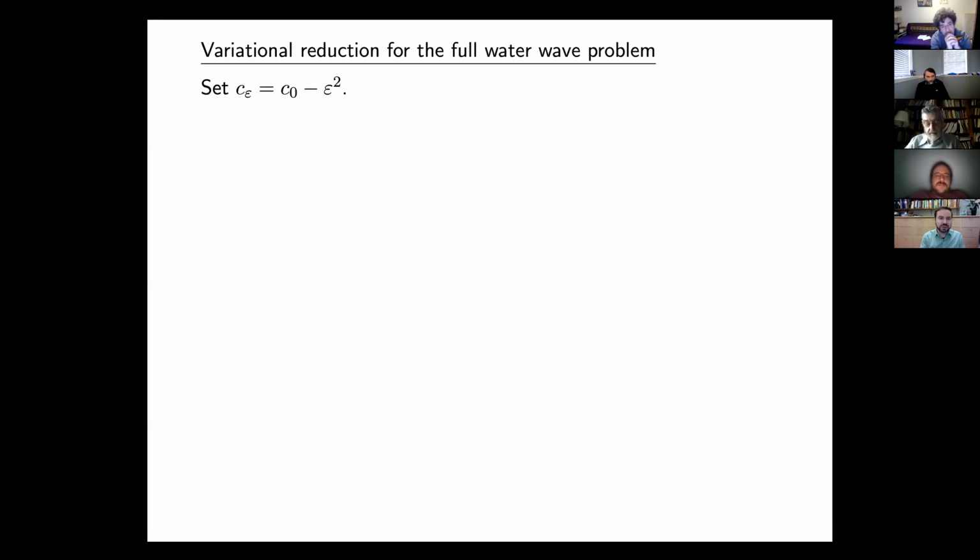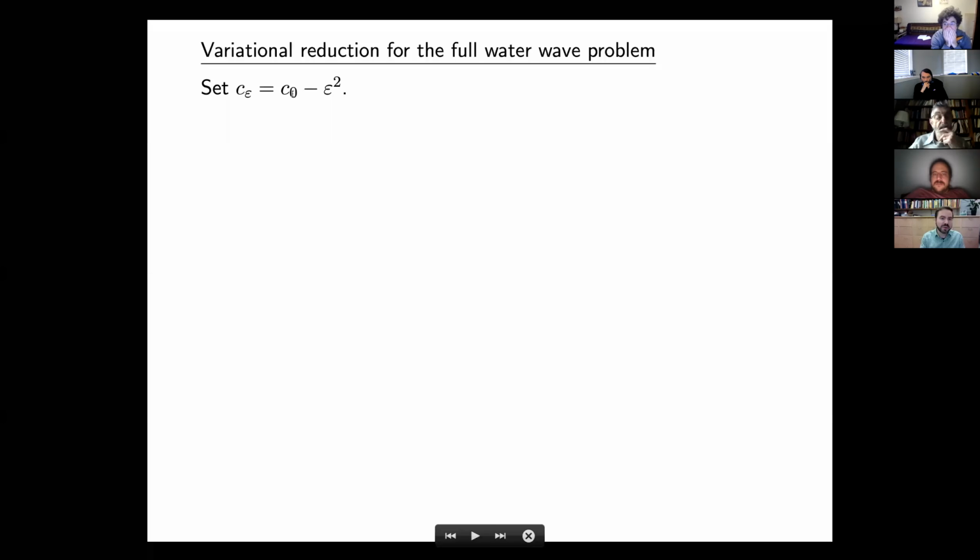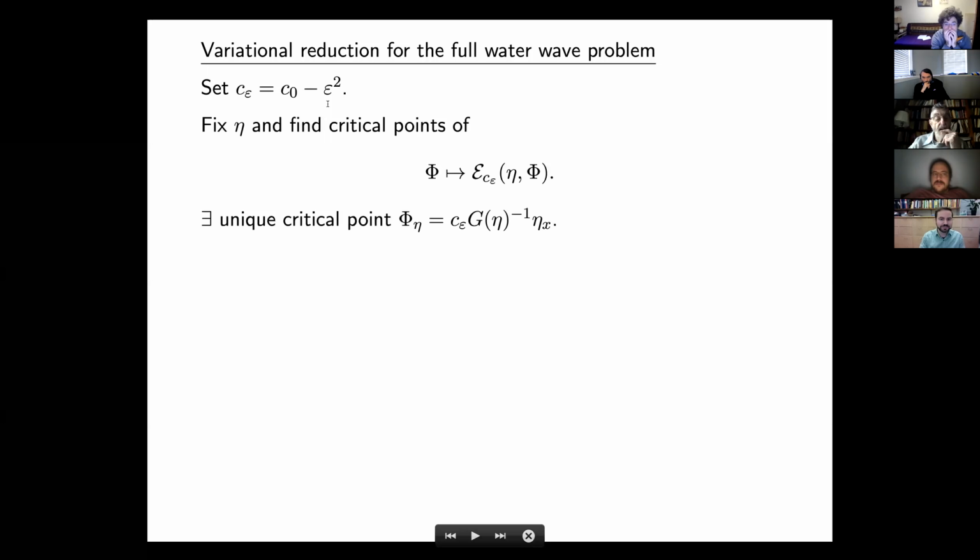Okay, so this variational reduction works as follows. We work with wave speed close to the critical wave speed, which is where these waves bifurcate from, the minimum of the dispersion function.